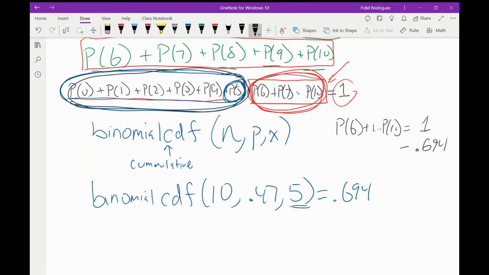So I'm just going to do that real quick, y'all, on my calculator. I don't think you need to see me subtract 1 minus 0.694. And the number that I'm coming up with is 0.306. I'm going to 3 decimal places, okay? 0.306. So that's giving me that part right there.